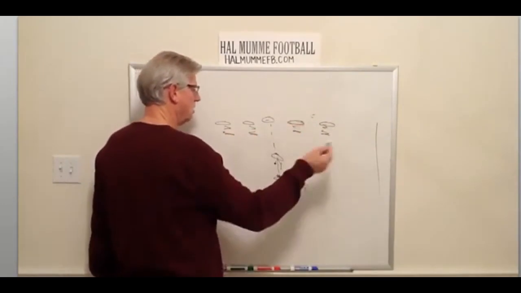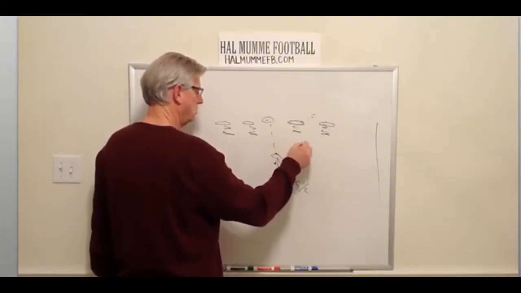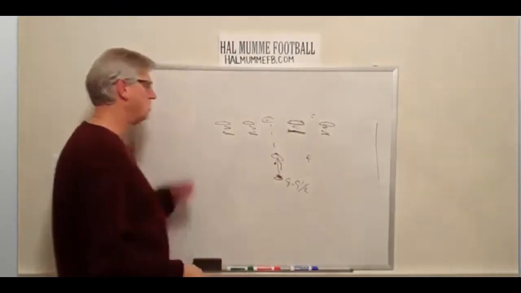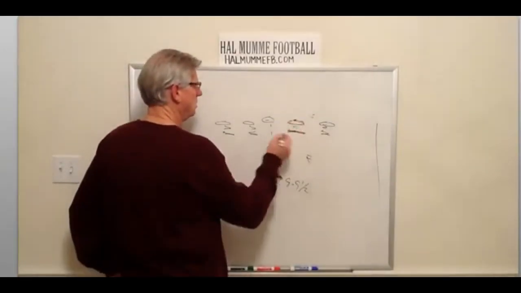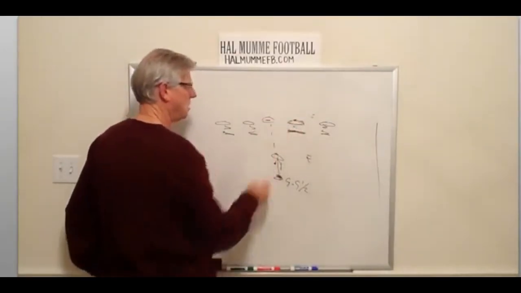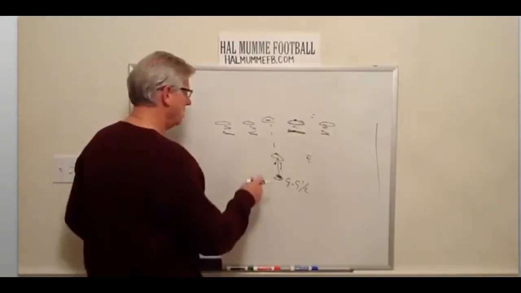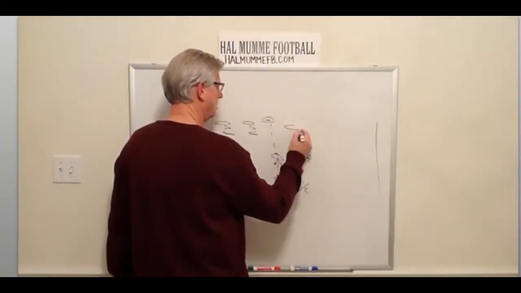And up front, these guys would be working vertically to set. So let's take this guard right here. He's going to set left, right, left, right, left, right, left, right. He's going to end up setting off the ball. On his alignment, his helmet is going to be at the bottom of the center's number, which is legal. So basically, when you draw this up, I really should draw it up like this.